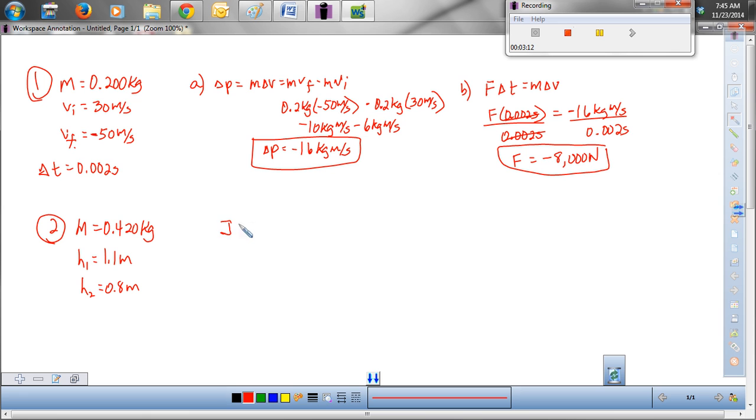Well, impulse is J. J is equal to F delta T, which is equal to m delta V. So J is equal to m delta V. So I need to find the speed that it hits the floor with. And it's going to be the square root of 2GH.